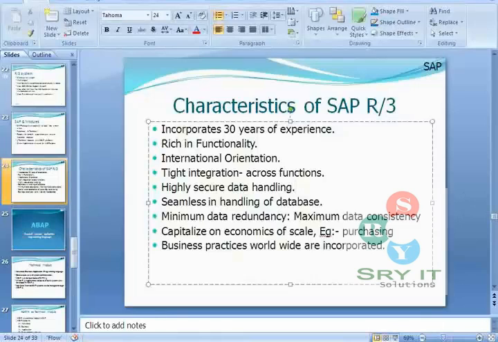That is capitalizing on economic scale. So where is the variation? The variation is in tax calculation, service tax and legal charges, which differ from country to country.